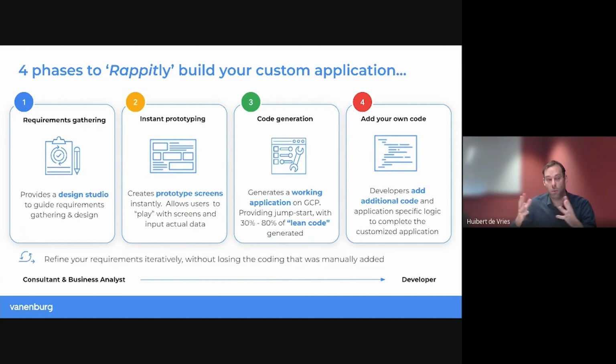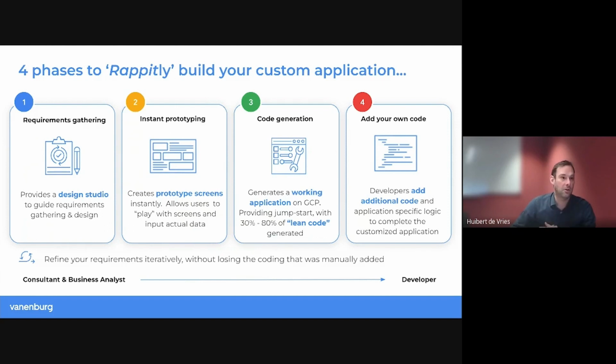And here comes, I think, one of the unique advantages of Rappit. In the fourth stage, the developer can add his or her own code to further enhance and develop the application. So with Rappit, developers have full flexibility to do that. They are not restricted or constrained to the Rappit tool, but they can take the code and further customize it to the specific needs.